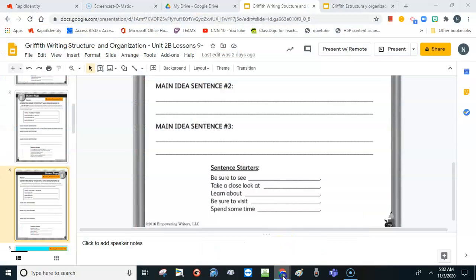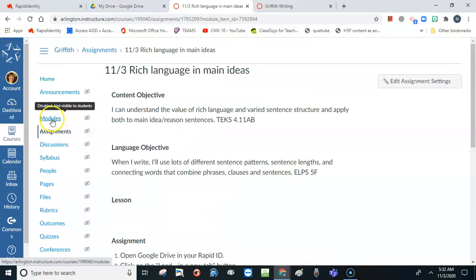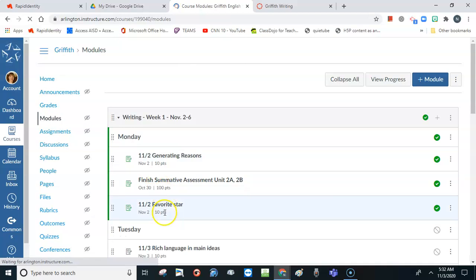And you could use the topic of yesterday's writing, which was writing about your favorite person or star. So your favorite famous person. And you're going to come up with all the reasons why that person is your favorite famous person.